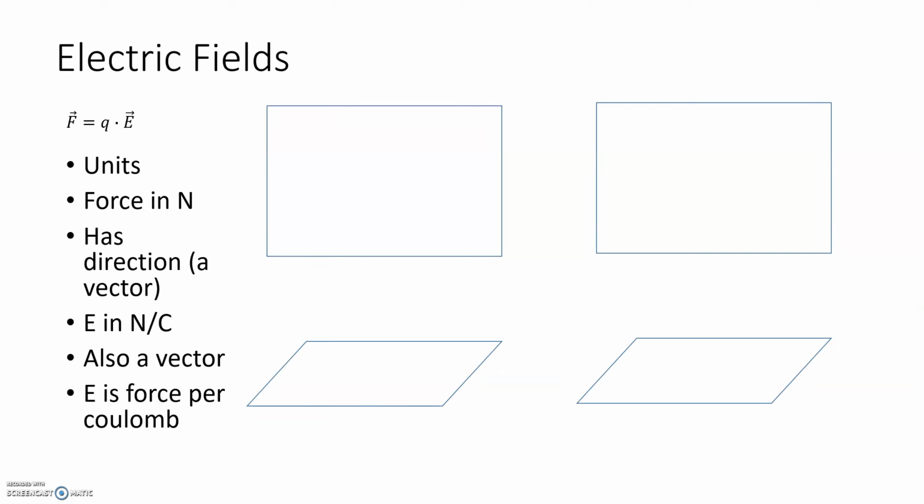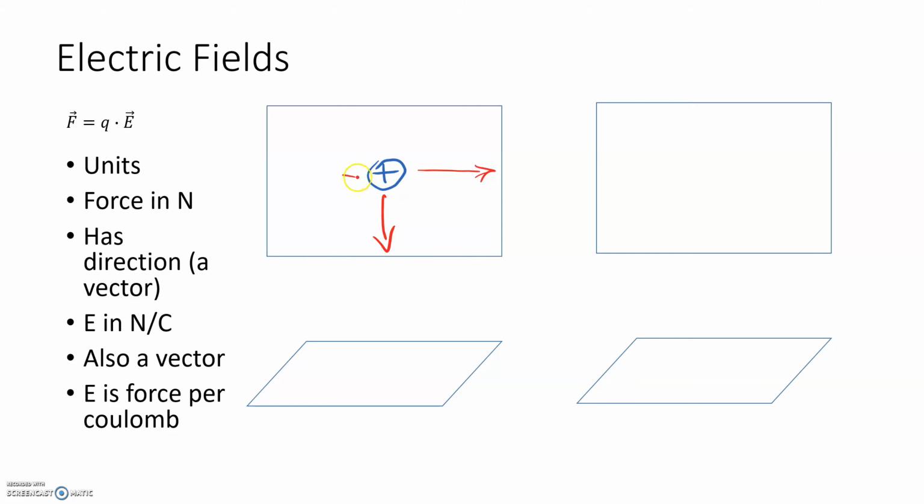So if we take this concept into a simple electric field map, if I want to map the region around a positive charge, I want to think about a positive test charge. Our test charge is always positive. If I put a positive test charge on the map, it would be pushed away from the positive charge.